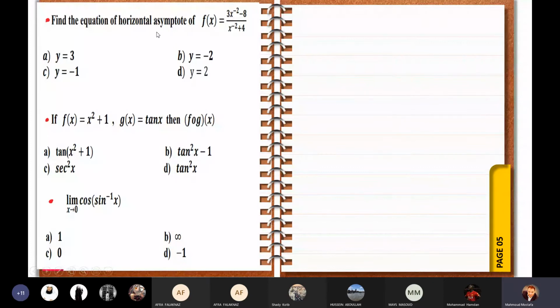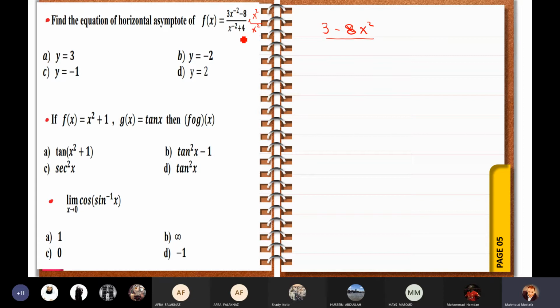Find the equation of the horizontal asymptote. Take care here, it's x to the power negative 2. We don't like negative powers. So what to do? We multiply up and down by x to the power 2. 3x to the power negative 2 multiplied by x to the power 2 is only 3. Minus 8 multiplied by x squared is 8x squared.